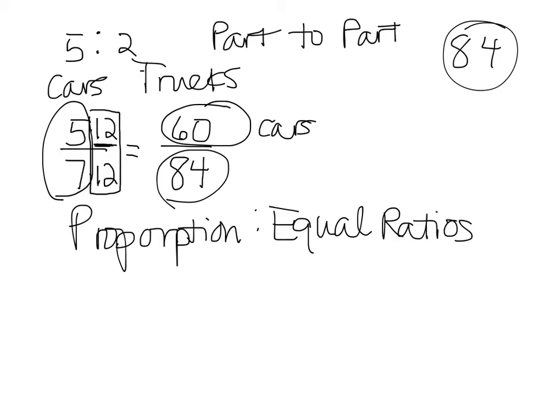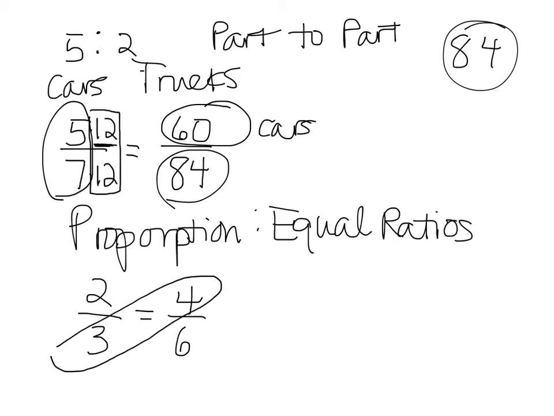If I take any two equal fractions, let's say 2/3 is 4/6, we know this because you have done enough math. Anytime that's true, if I do this cross multiplication, 2 times 6 will always equal 3 times 4.